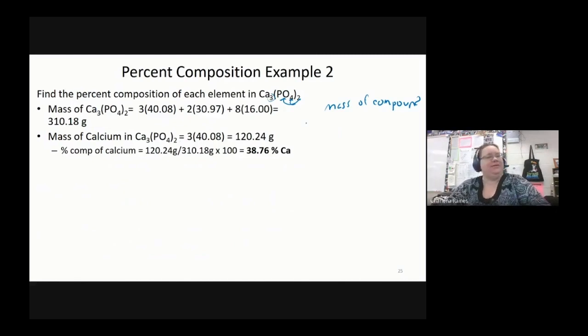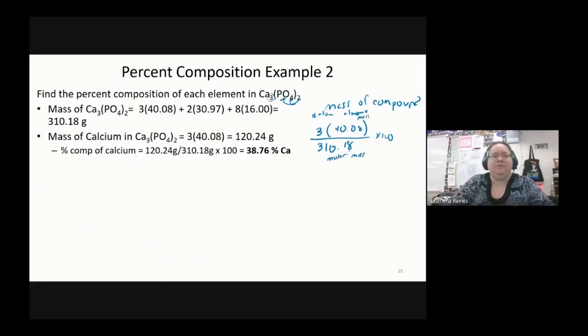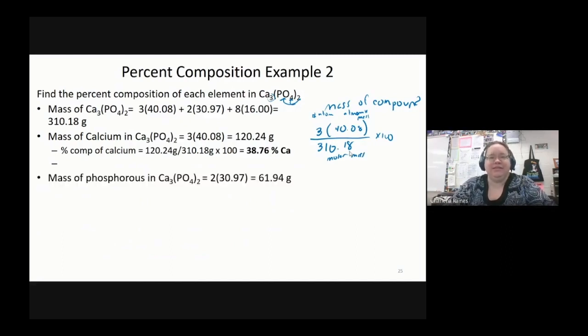I found the total mass of calcium, but normally what I would do is 3 atoms of calcium times 40.08 divided by 310.18 times 100. Number of atoms, my atomic mass, and my molar mass, all times 100. Doesn't matter which way you do the calculation, you're going to still get the same basic answer.